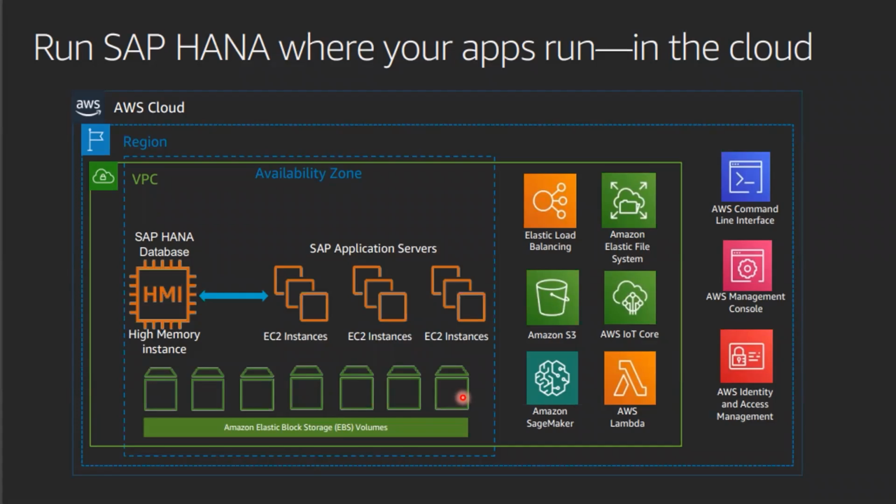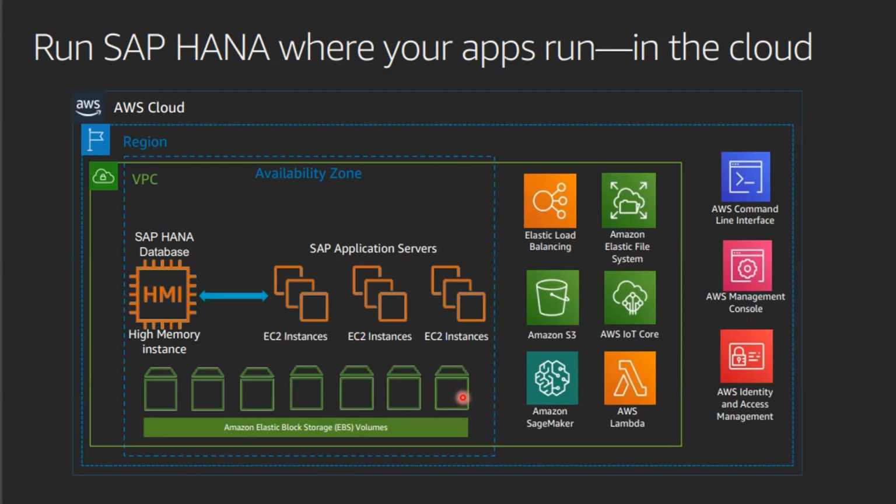And then, as I said, you can also integrate SAP applications with other AWS services like Lambda for automation, S3 for backup. You can build a machine learning model with SageMaker. A lot of cool stuff you can do.